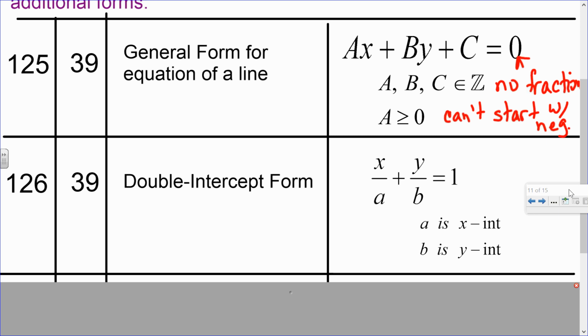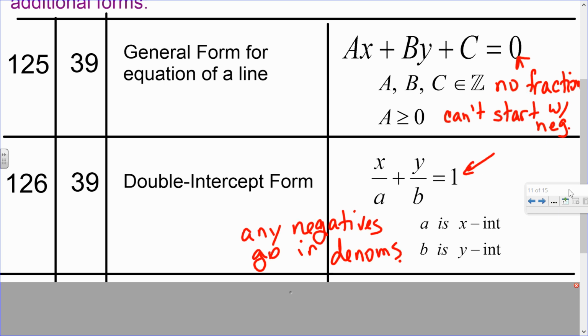B is still the y-intercept, just like it is in slope-intercept form. But any negatives go in the denominator. And then that is equal to 1.